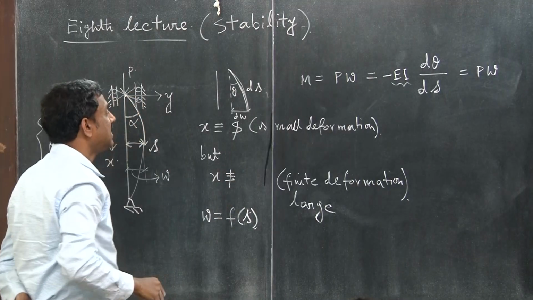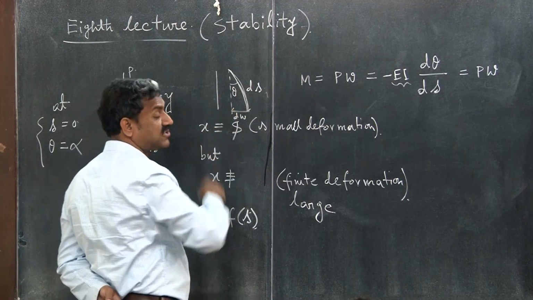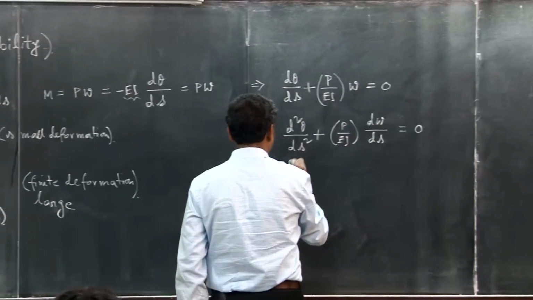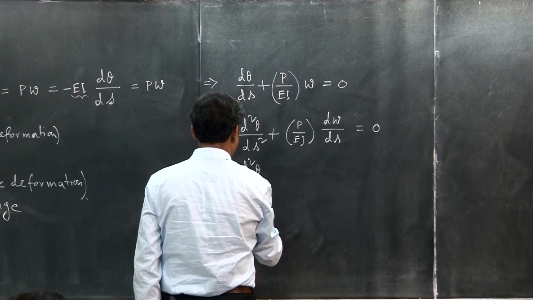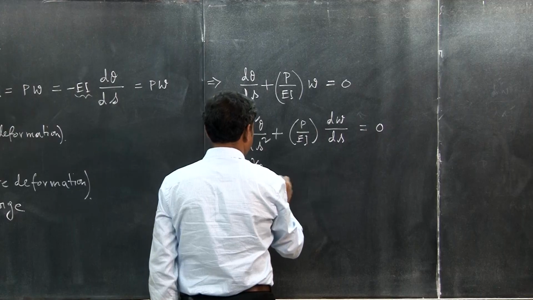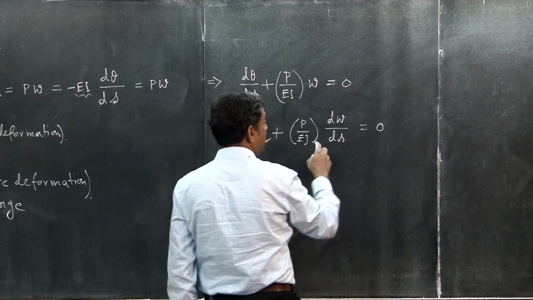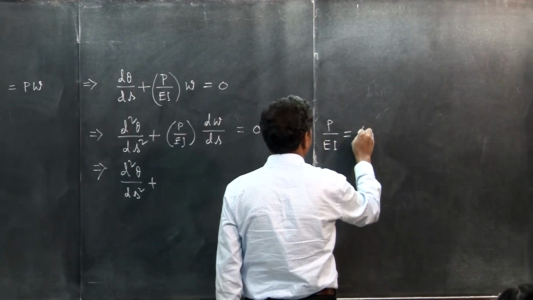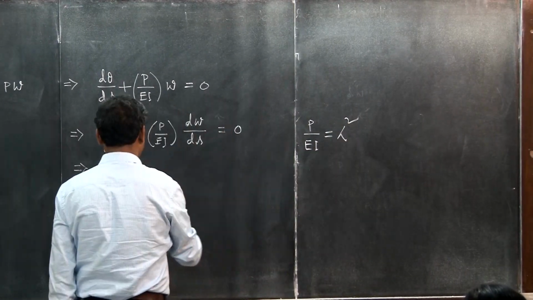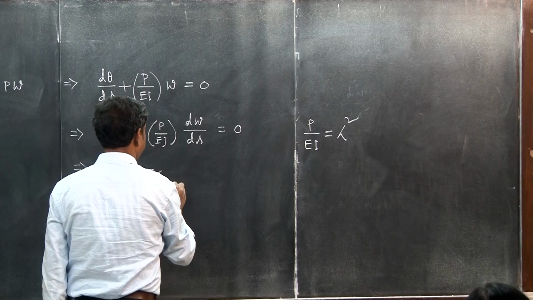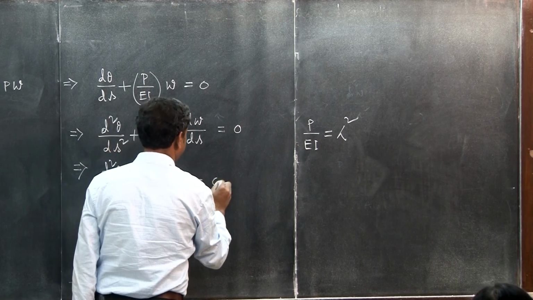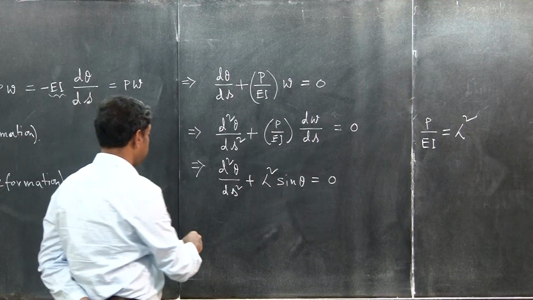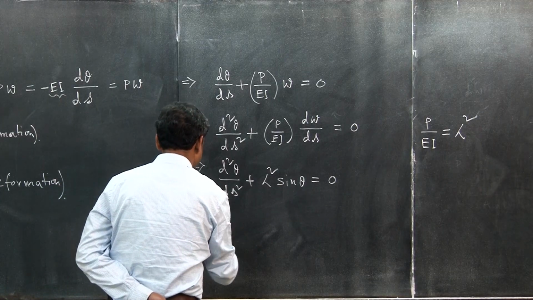So dw ds is nothing but sine theta. So I can write d2 theta ds2 plus P by EI sine theta is equal to 0. Let us define P by EI as lambda square, the way we used earlier. So lambda square, sine theta is equal to 0. Then I will do further simplification.